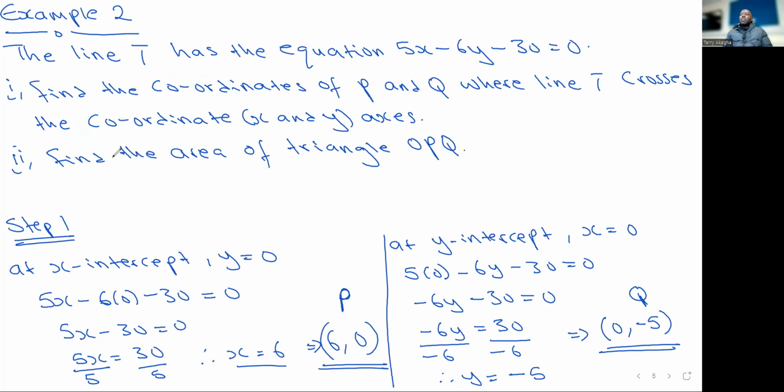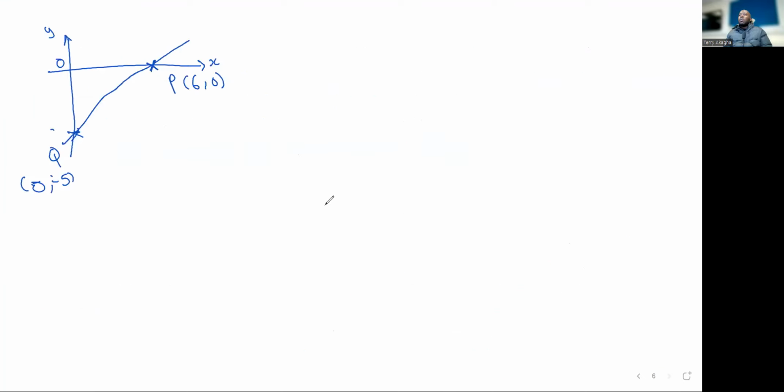Now, the second question said we should find the area of triangle OPQ. So that means we're talking about this triangle here. Okay, so what do we do? Let's call this side A of the triangle.